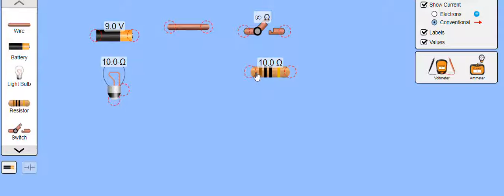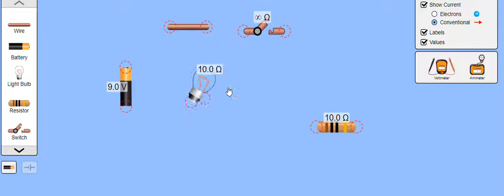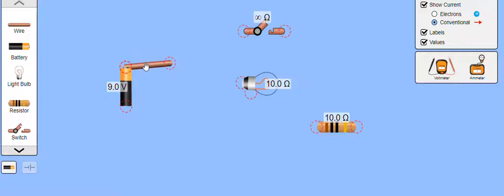Now I am going to connect all the components. If we talk about the main components of an electric or electronic circuit, we must have a source, we must have a load like this, and we must have connecting wires to connect the source with the load.